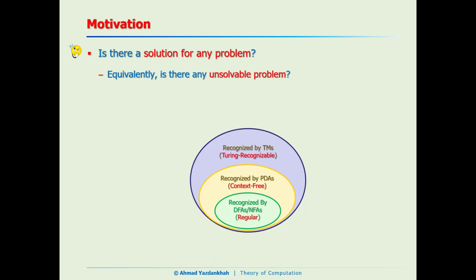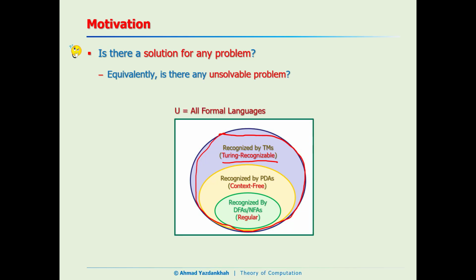To answer this question, we know that this is the set of all formal languages that Turing machine can solve, and we call them Turing recognizable languages. All right. Now, based on this question, I am asking, is there any more? I mean, is there some languages here that is beyond the capability of Turing machines?